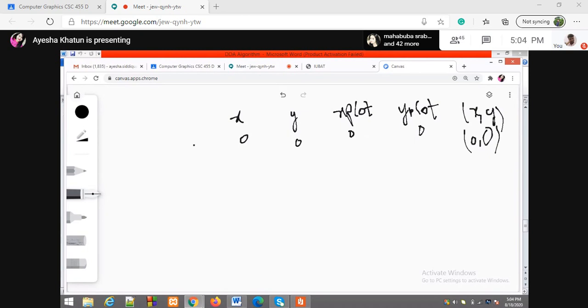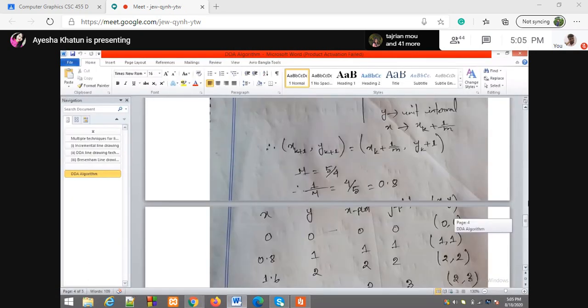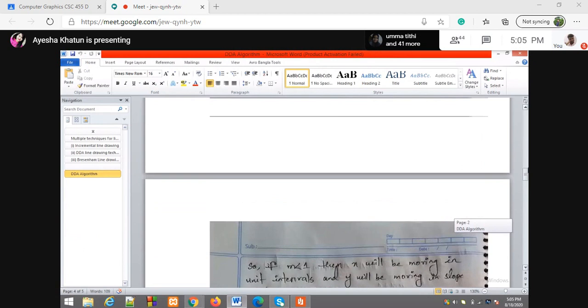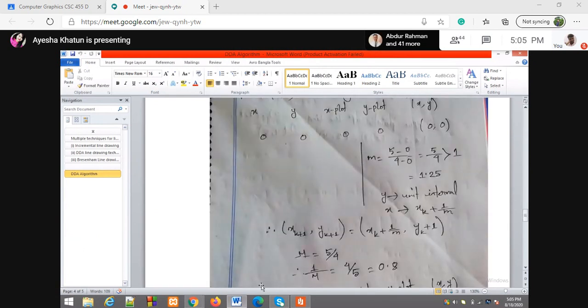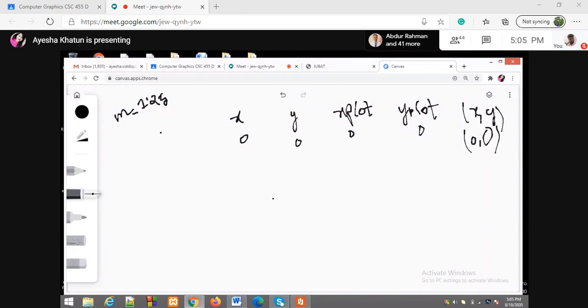Now about the second point. What was the value for m? It was 5/4, that is 1.25. So since 1.25 is greater than 1, we have to increment y by 1.